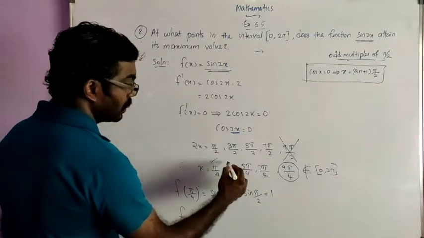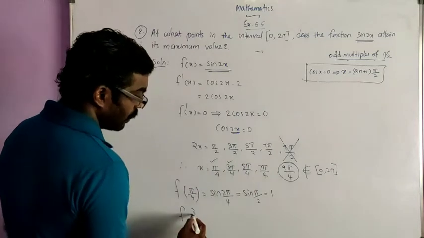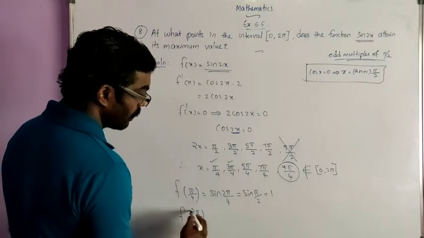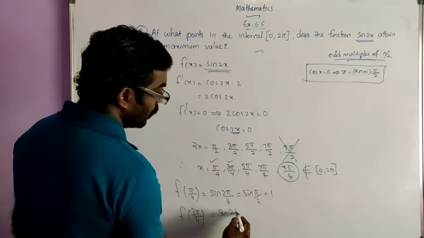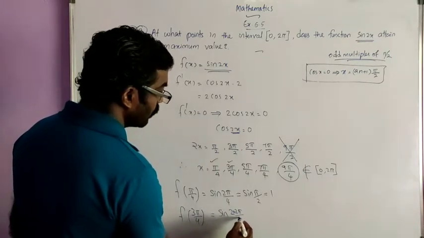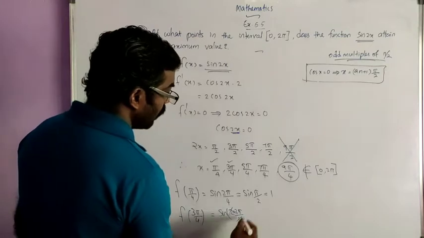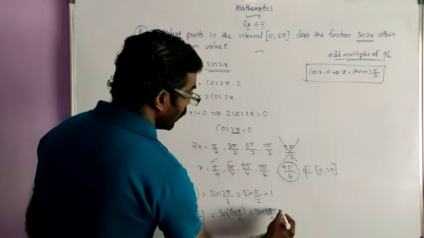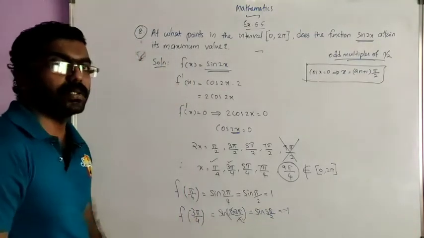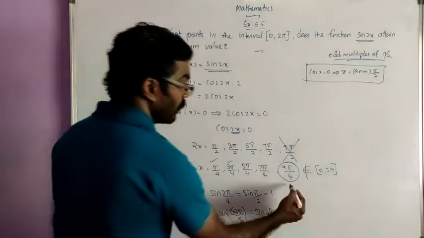Then the next number is 3 pi by 4. So f of 3 pi by 4, which is equal to sin of 2 into 3 pi by 4. That is 3 pi by 2. Sin 3 pi by 2. Sin 3 pi by 2 value minus 1. Sin 270 degree minus 1.